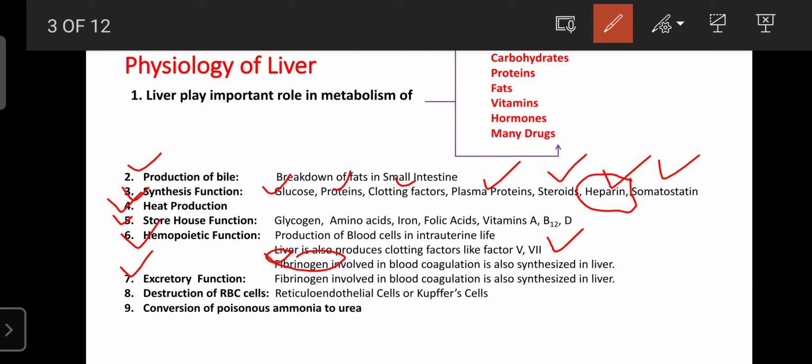Next, the liver is also involved in the destruction of RBCs. After 120 days, RBCs are aged, so they become fragile. Due to the fragile or irregular structure of the RBC, they are unable to occupy oxygen, or oxygen cannot enter into the RBC. That is known as an aged RBC, because RBCs have a biconcave structure.